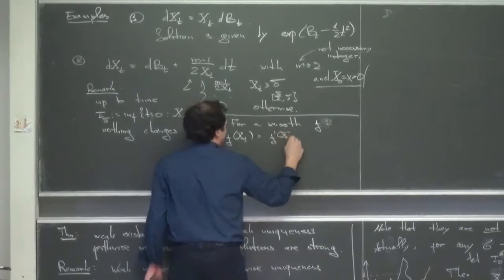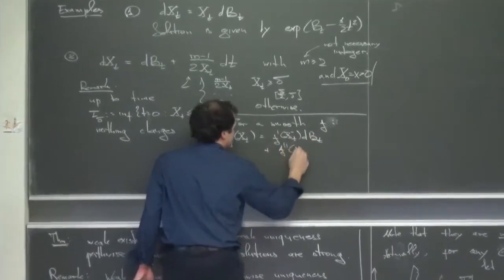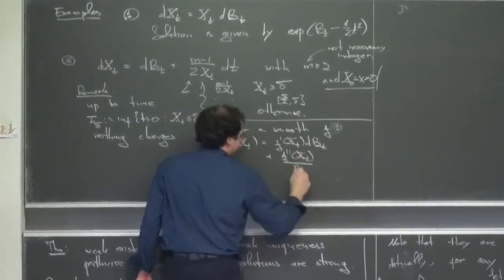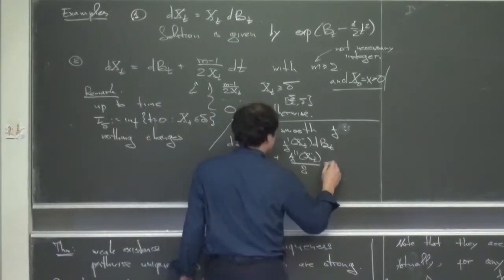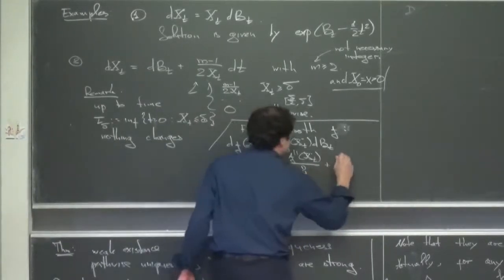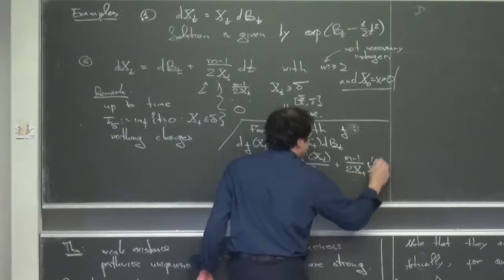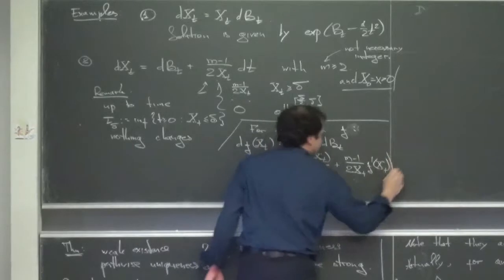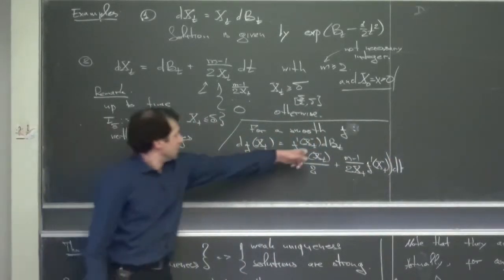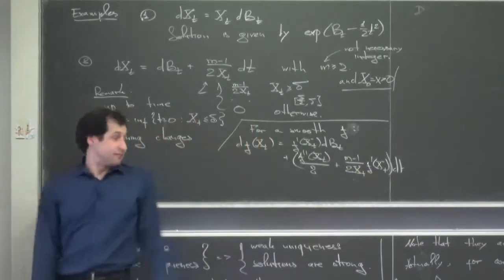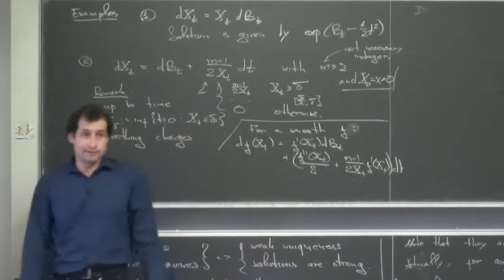So f' times x_t dB plus (f''/2 x_t plus (m minus 1)/(2 x_t) f'(x_t)) dt. Right? I mean, this and that come from the first term. This is just the dx, and this is the quadratic variation term.